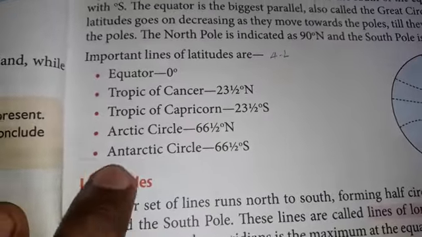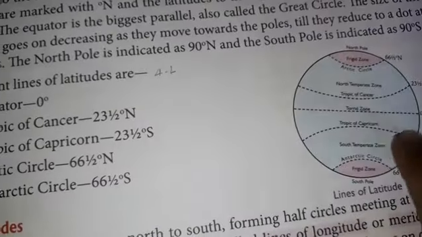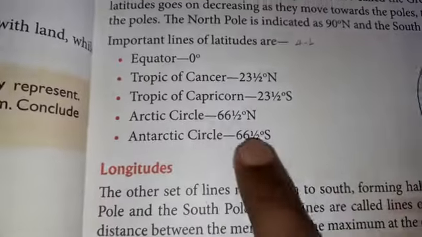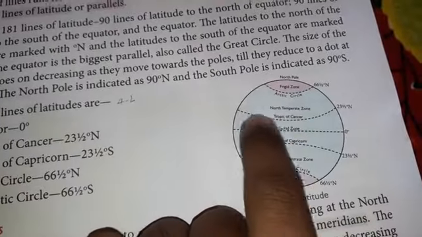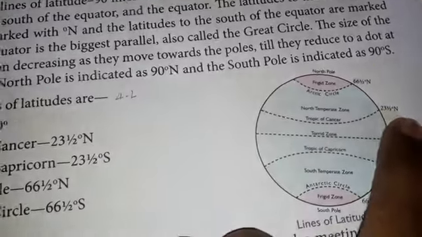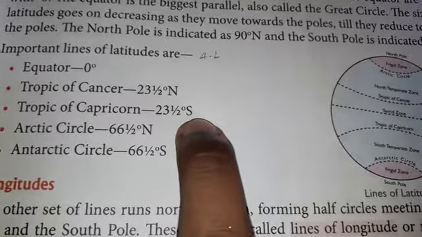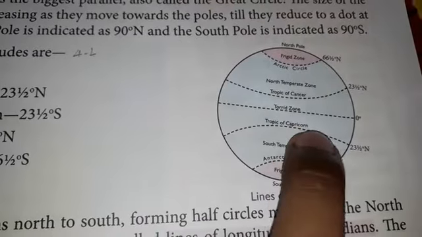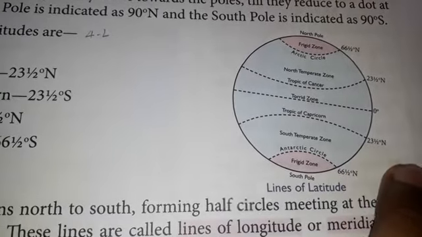There are some important lines. Look at this picture: the equator is 0°, the Tropic of Cancer is 23 1/2° north, and the Tropic of Capricorn is 23 1/2° south.